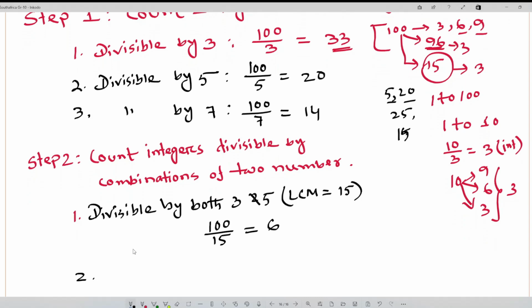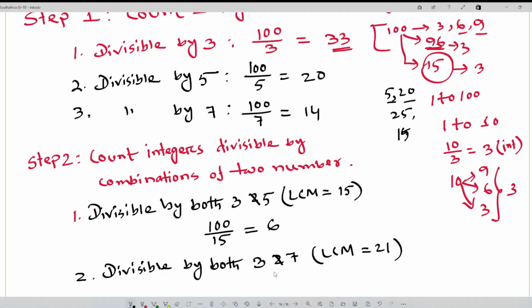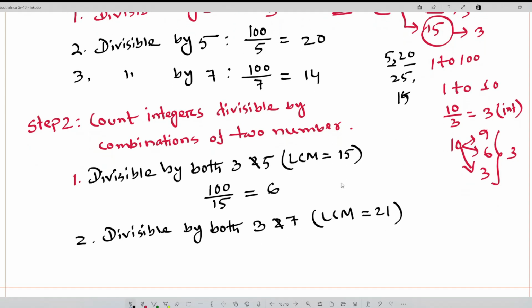Okay. Number 2, divisible by both 3 and 7. LCM is 21. So 100 divided by 21, it will be what? 4.